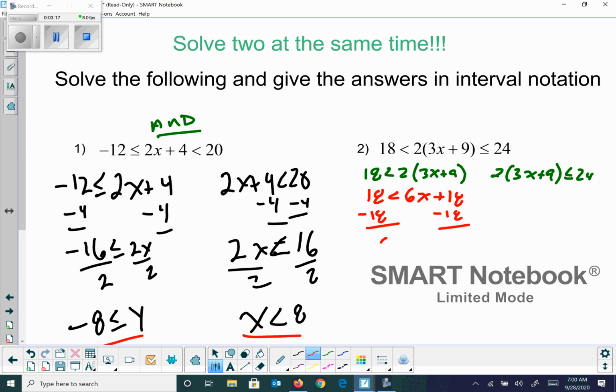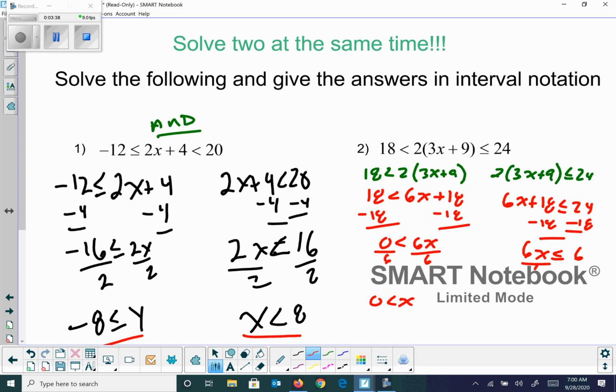Excuse me. Divide each side by 6. So 0 is less than x. And then distribute on this next one. Subtract 18. So 6x is less than or equal to 6. Divide each side by 6. So x is less than or equal to 1.